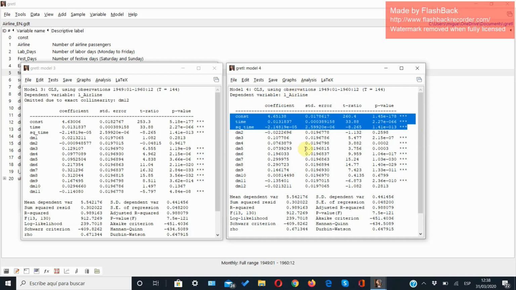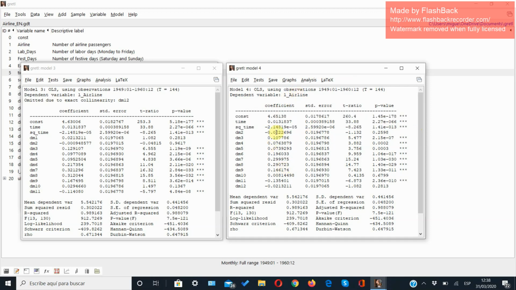If instead of January I am in February, I have here dm2. dm2 tells me that the level of the time series will be the baseline level, that is January, minus 2% approximately. If I am in March, the level will be the level expected for January minus 11% approximately.